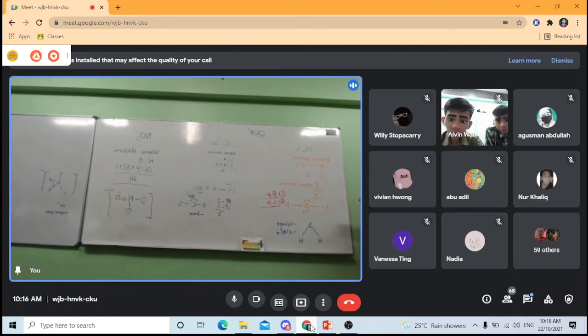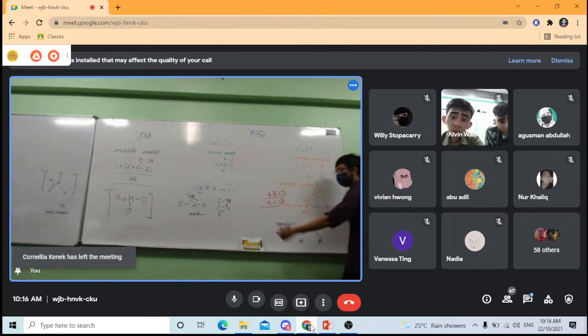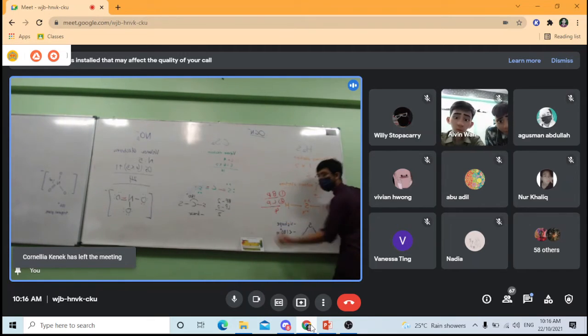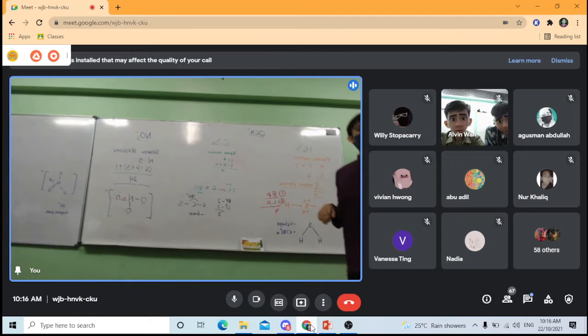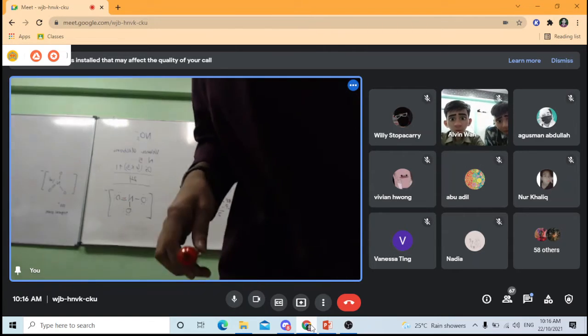Okay, so for example, this question, right? So we have how many electronic pairs? That's right. 2 bonding pairs, 2 lone pairs. So we have 4, right? So kalau 4, apa original shape?